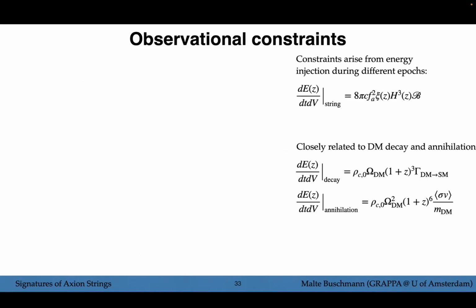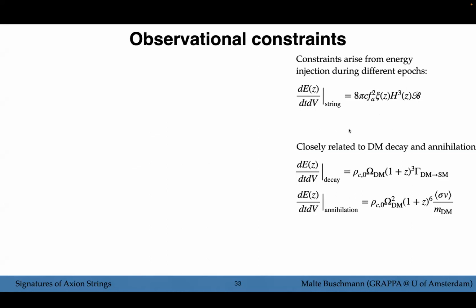So coming to the constraints that we are trying to derive here: we already know the different emission rates, which allows us to basically compute the energy that is injected coming from strings during the different epochs. And that is really just a function of the string length at the time of injection, Hubble, as well as your different branching ratios, and then your various different numerical prefactors of how much you actually emit.